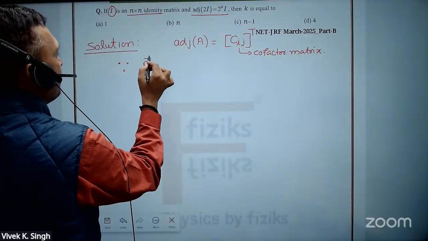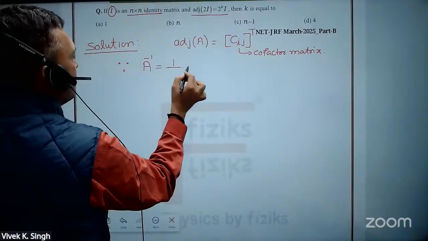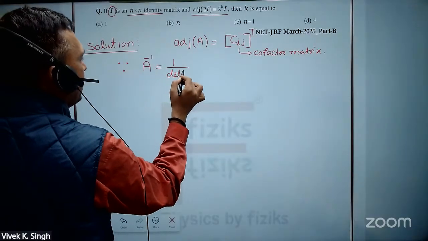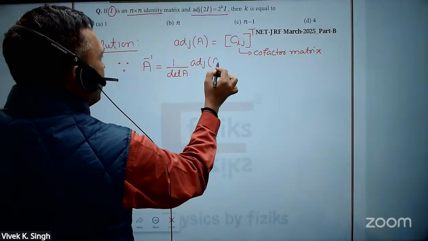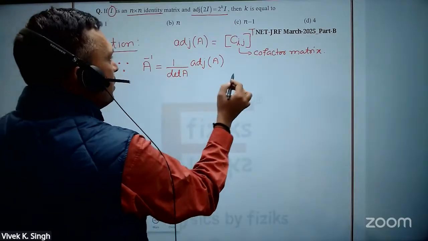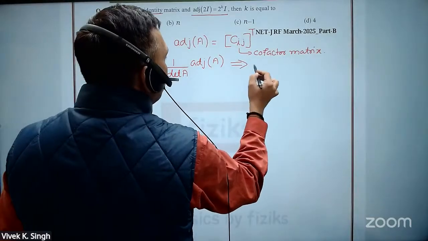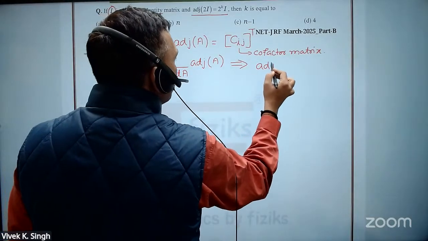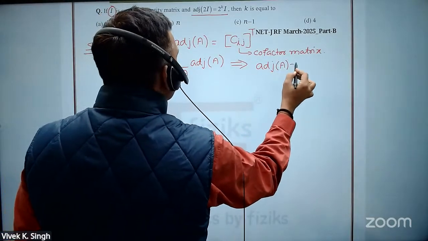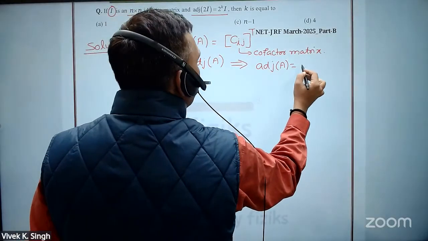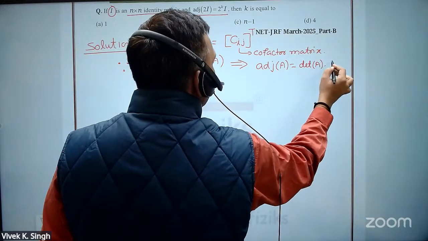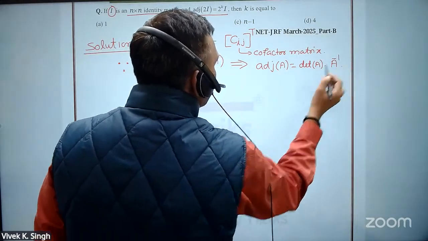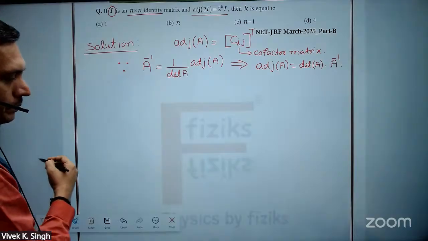So inverse of a matrix is given by 1 by determinant A times adjugate A. So from here, adjugate A will be given by determinant A, and then you have to multiply with A inverse. So we will use this result.